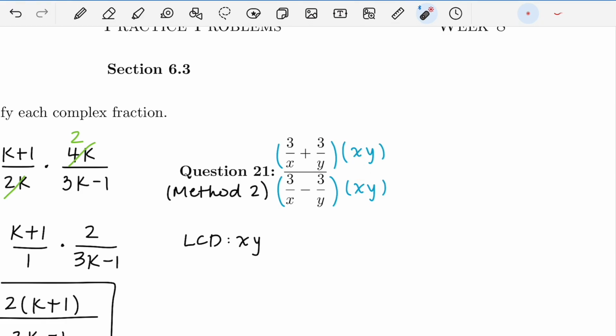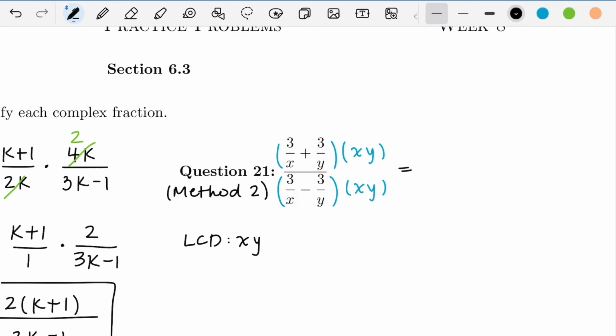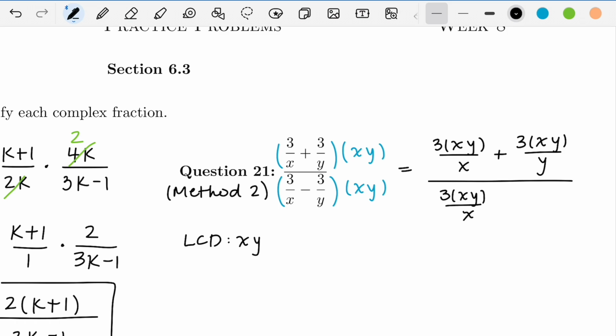Now this xy here is multiplying both fractions here and both fractions in our denominator. So we're going to end up with 3 times xy over x plus 3 times xy over y in our numerator, and then in our denominator, 3 times xy over x minus 3 times xy over y.